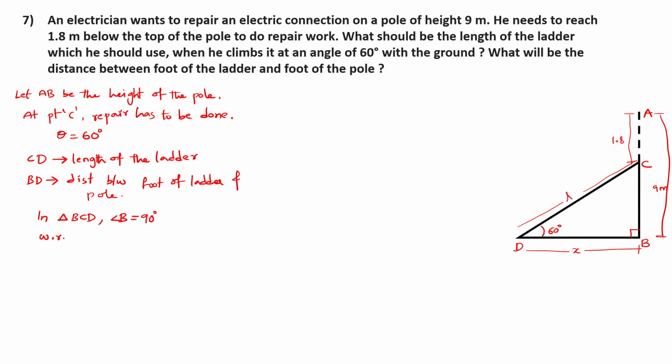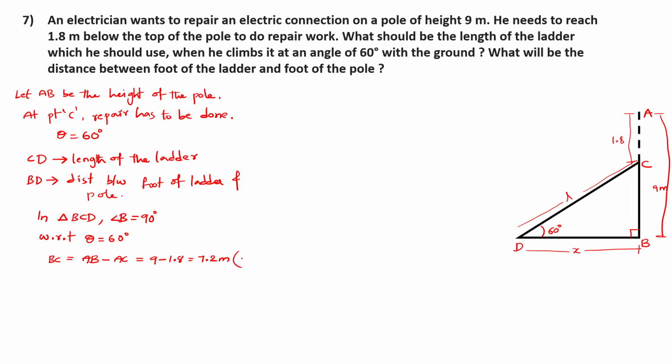With respect to our acute angle theta equal to 60 degrees, BC will be the opposite side, and that is given as how much? BC is nothing but, from the figure, total length is AB, from that the repair is AC, so we get 9 minus 1.8, which is 7.2 meters.